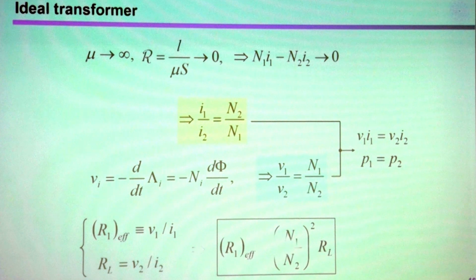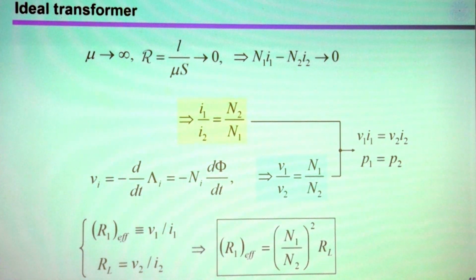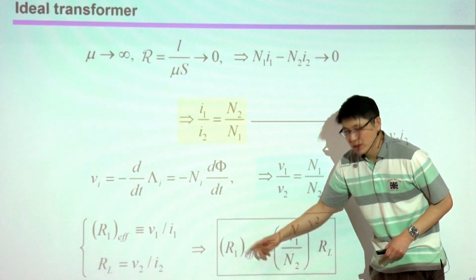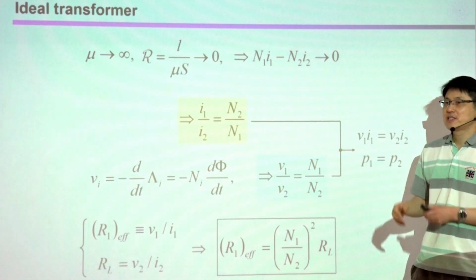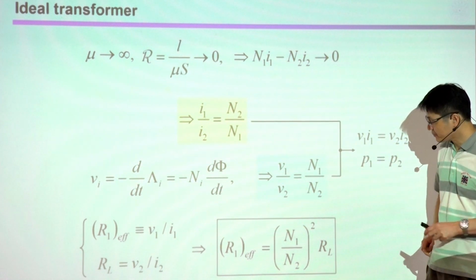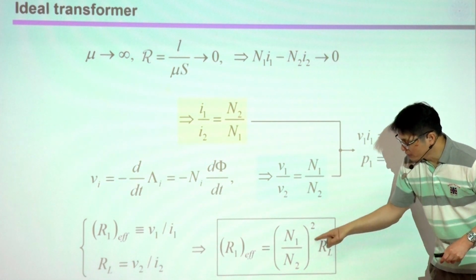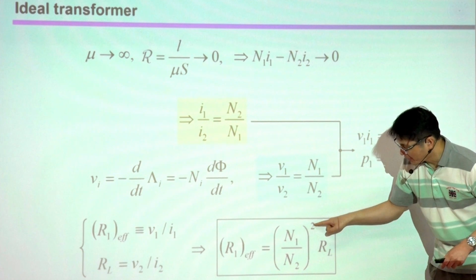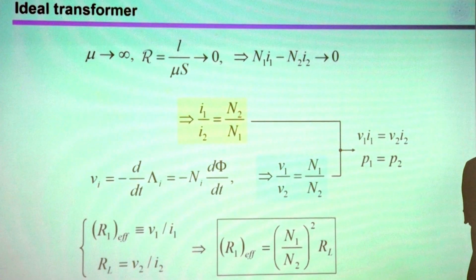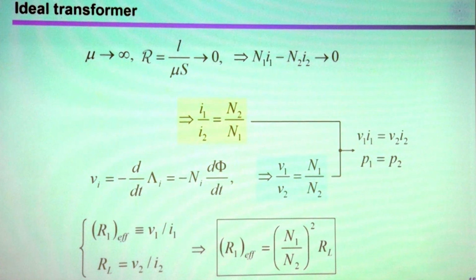So this is also what you memorized in the past. The effective resistance or the load seen by the first coil, your driving side, is your real load multiplied by the square of the winding number ratio.